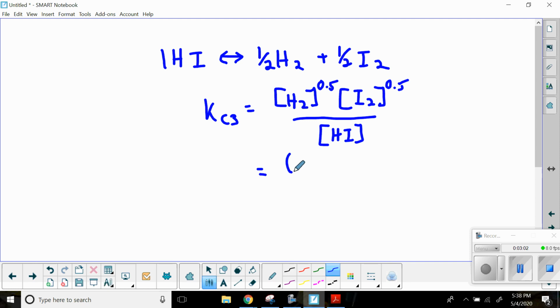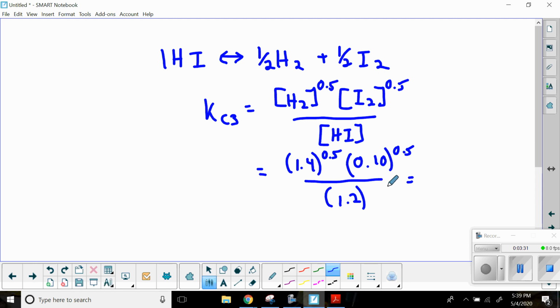So I use my original concentrations. My H2 was still 1.4 to the 0.5. My I2 is going to be 0.10 to the 0.5, all over the HI, which is going to be the 1.2.